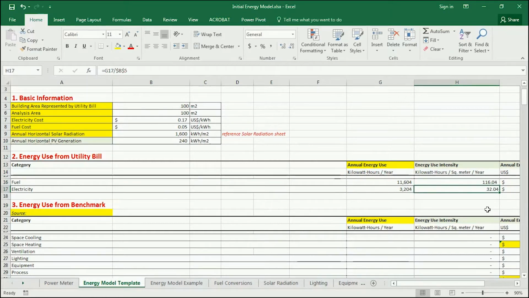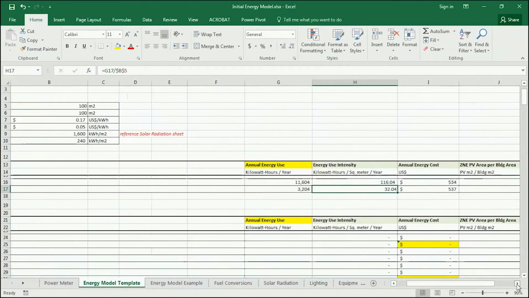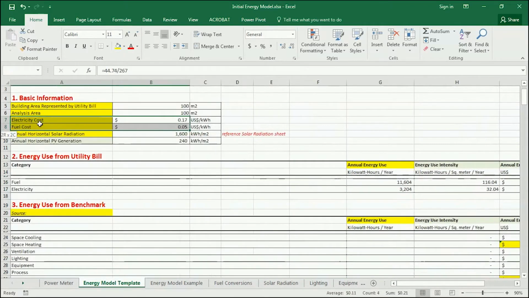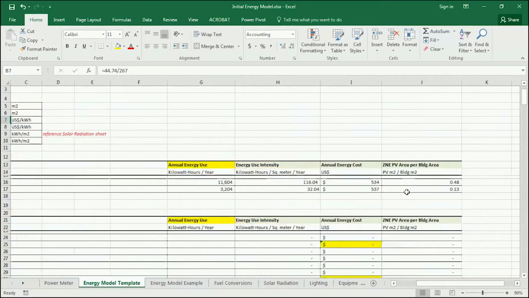year for electricity. Now this gets really interesting when you start looking at cost, because you see in this particular example the fuel cost is about 1/3 of the cost of electricity. So although I'm using roughly 4 times more fuel than electricity, the costs turn out to be very similar, about $534.